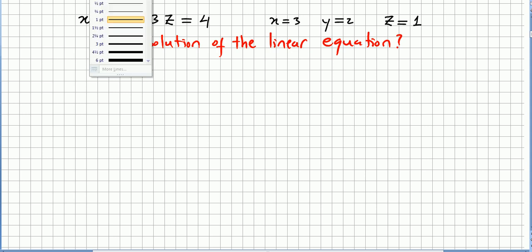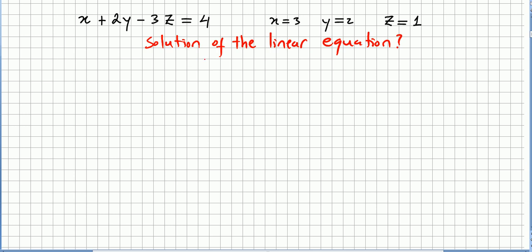It's easy to see that yes, it is a solution, because if x equals 3, we replace x by 3, then 2, we replace y by 2, minus 3, and we replace z by 1. Let us see if this is 4.